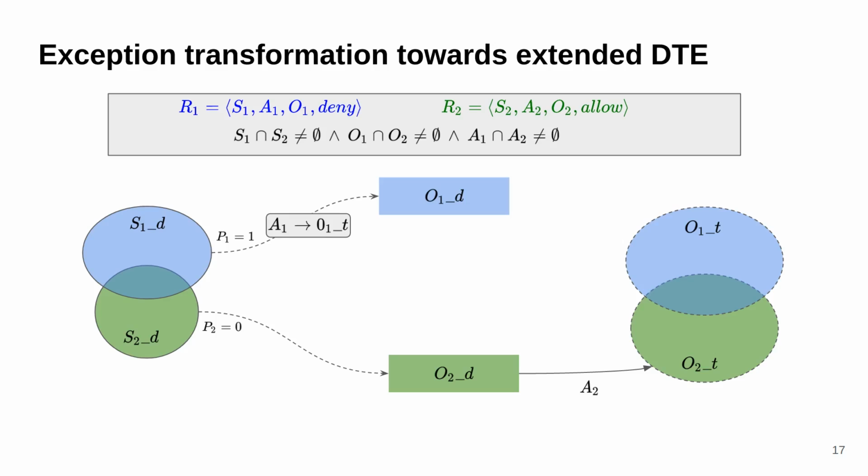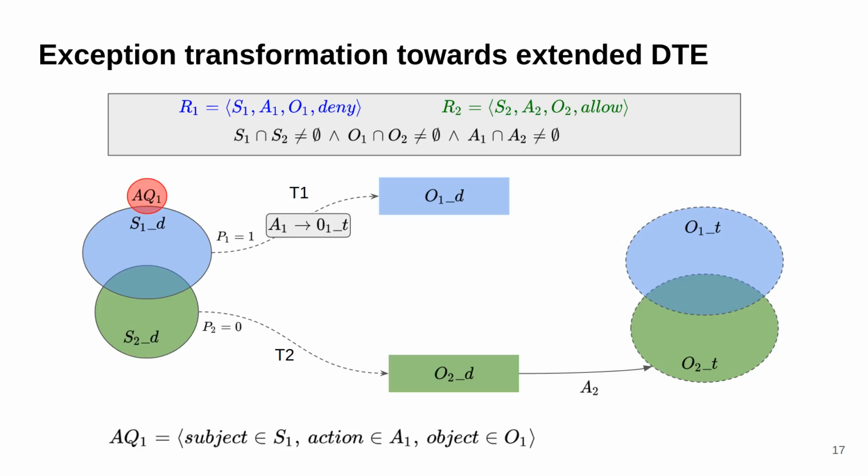Let's now see how access queries are evaluated using our extended DTO model. So let's consider the following access query AQ1 that informally says that the subject is in S1 and wants to perform the action A1 on the object O1. Initially, the access query AQ1 belongs to the domain of its subject, hence it will be in the domain S1D.